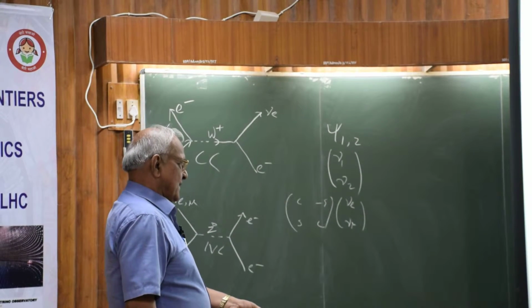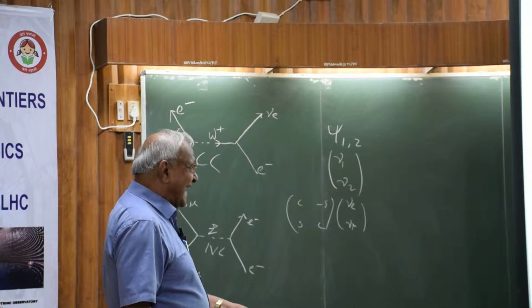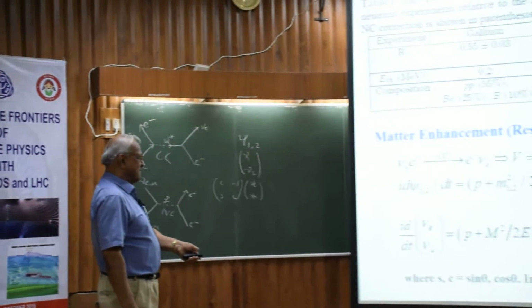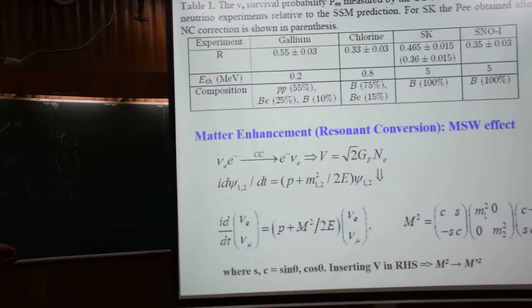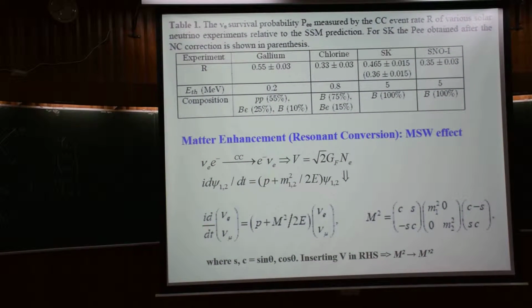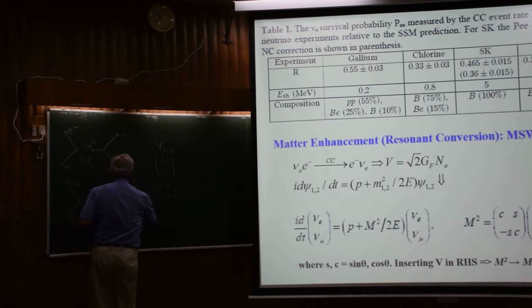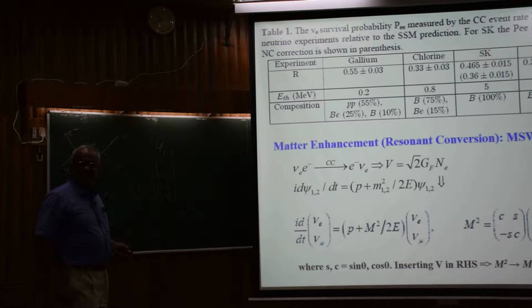So you get the two-particle Schrodinger equation in the flavor basis, but m square is not simply m1 square, m2 square; it is multiplied by the sin theta cosine theta factor, which is coming from here and on the other side from here. Clear?